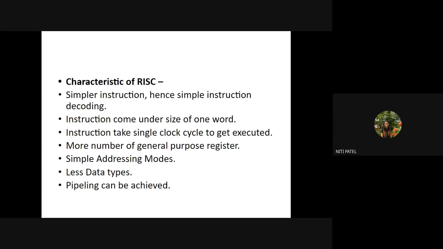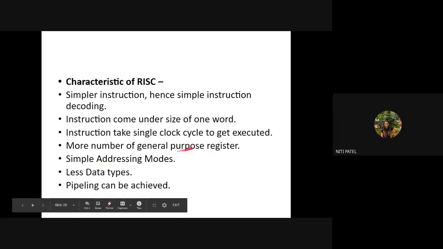So single clock means 1 tick, double clock means 2 ticks, like that. So the instructions of RISC will be executed in 1 clock, meaning within one tick. They are that small, less than 16 bits, so it will not take more than 1 clock cycle to get executed.